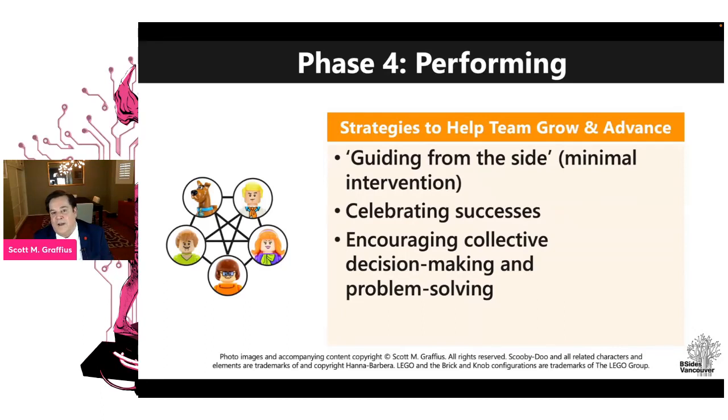And here, this last bullet point is the main thing that separates the norming from the performing, and that is where the team is engaged in collective decision-making and problem solving, which is, again, reflected really by that diagram also, or the visual of the team at left. And here, the leader is encouraging the team to do so if they're not, and if they are, to continue doing so. So that's what can be done here.